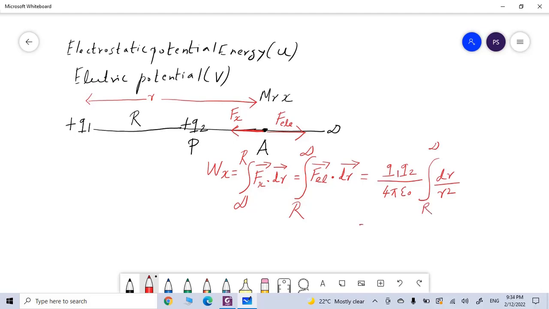If you integrate this, we get Q1 Q2 over 4 pi epsilon 0. For 1 by r square, the integration is minus 1 over r, with the upper limit at infinity and the lower limit r.